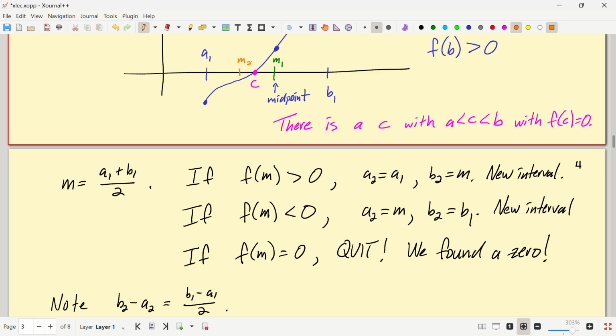And my next midpoint would be slightly to the right of the 0 I'm looking for. That's not really visible, is it? Etc.